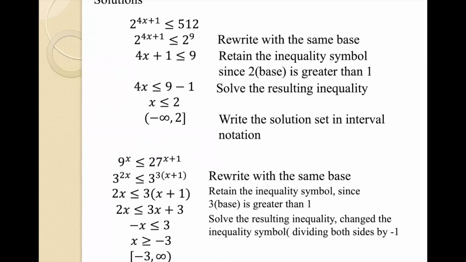Simplifying, we multiply it or divide it by negative 1. We have to reverse the inequality symbol. So, the resulting inequality is x greater than or equal to negative 3. So, writing the solution set in interval notation, you have negative 3 to positive infinity.